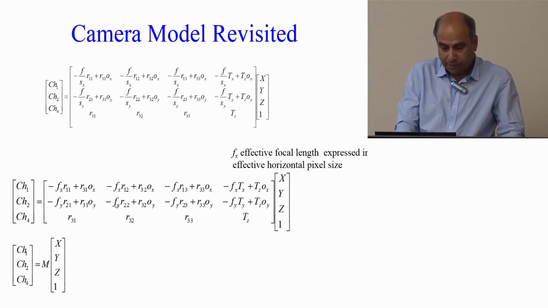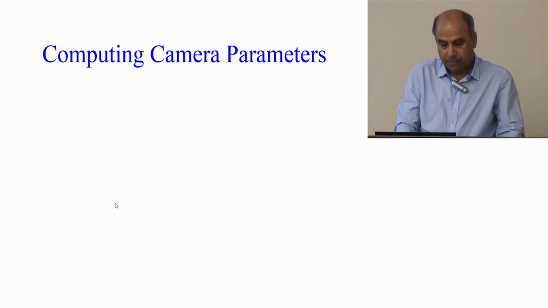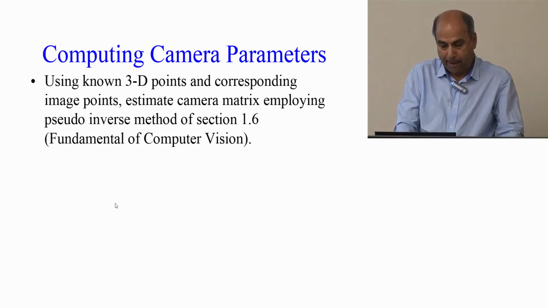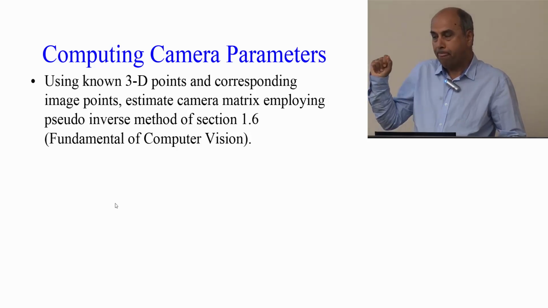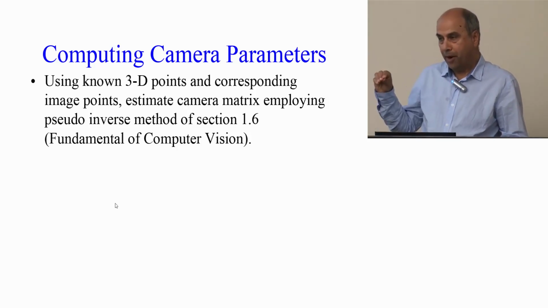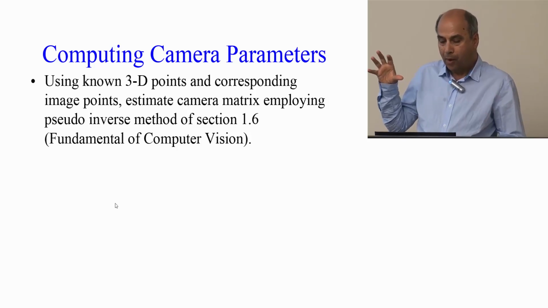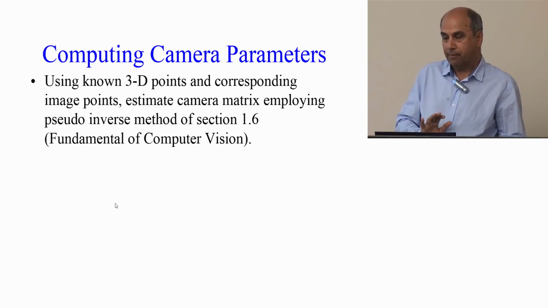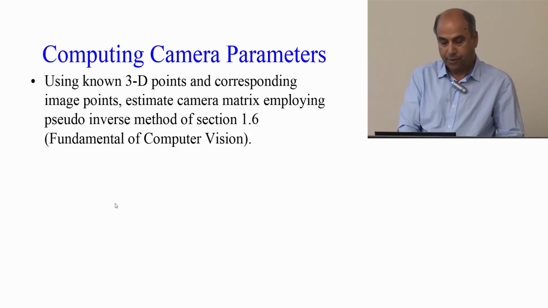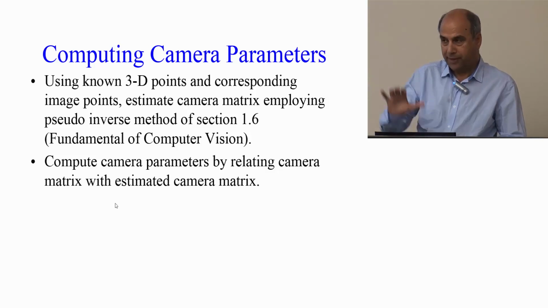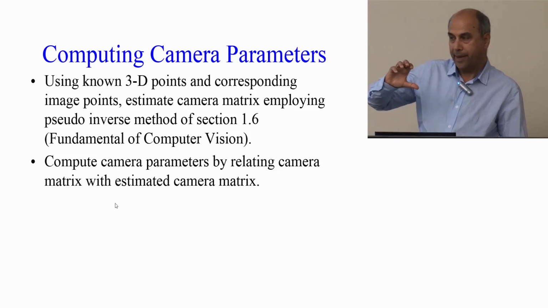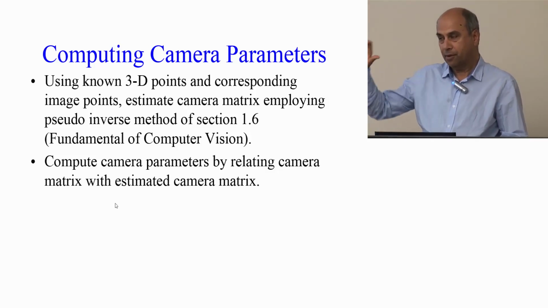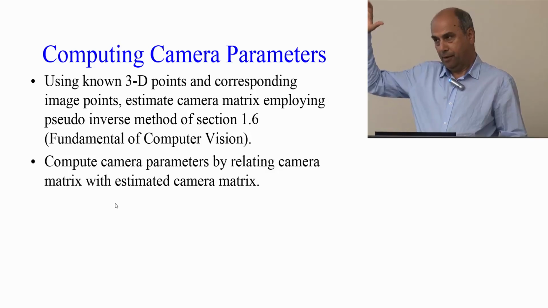So our aim is to find this camera matrix, and we can do the same thing: we will have known 3D points and known 2D points. We already know how we can estimate the camera matrix, using least square fit. Once we have that A matrix, then we are going to talk about how we can estimate the rotation, the translation, the focal length, and all those things.